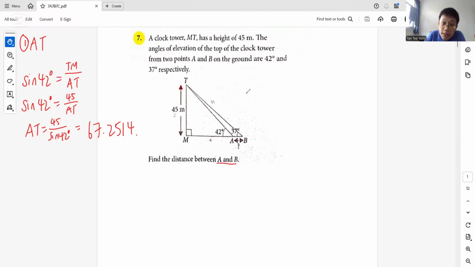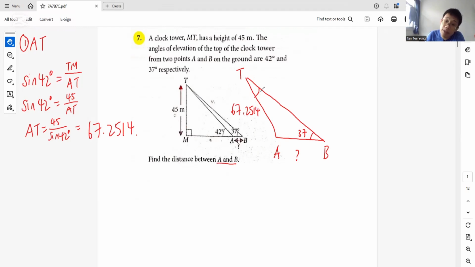Maybe I should draw out the diagram. Now I want you to focus on the smaller triangle, T, B, and A. They want this, and then we have 37. We just found out our AT, which is 67.2514. I need to find this angle for sure.